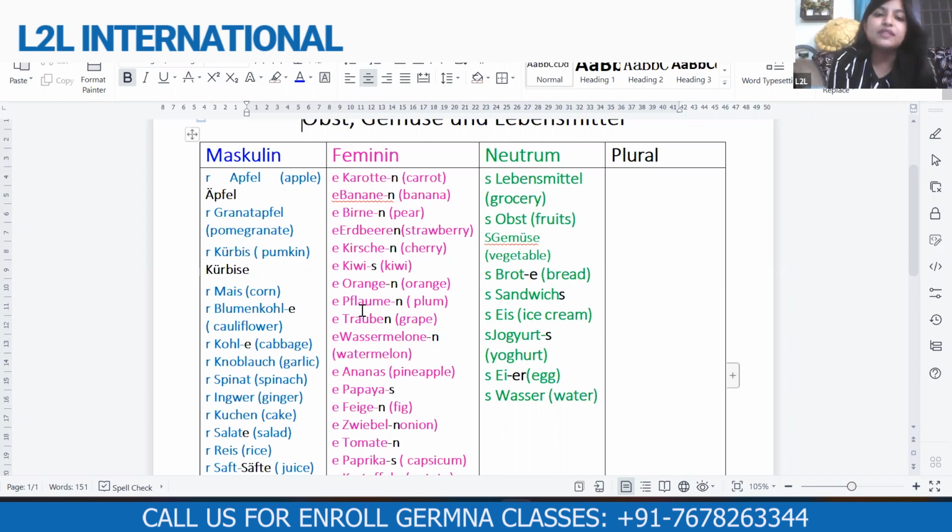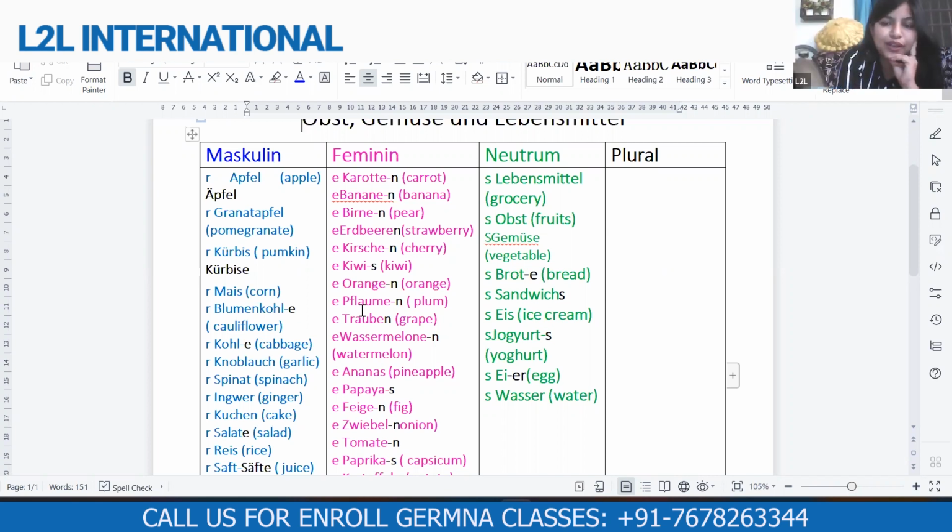Yeah. Next is, Sana, could you read the name of pomegranate? How do we say pomegranate auf Deutsch, bitte? Granatapfel, yeah.